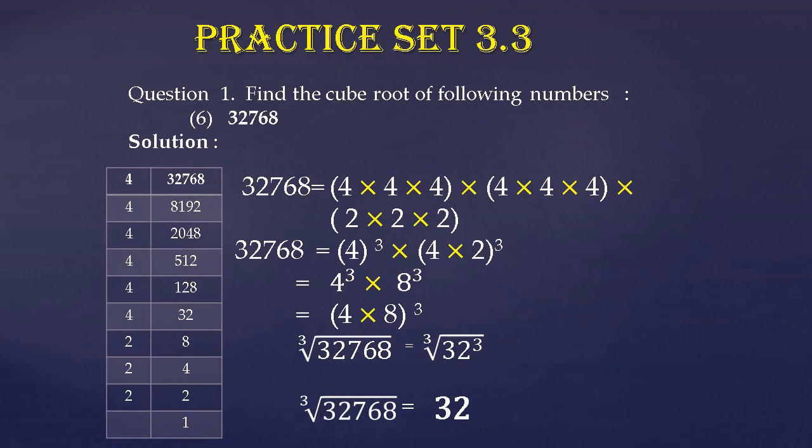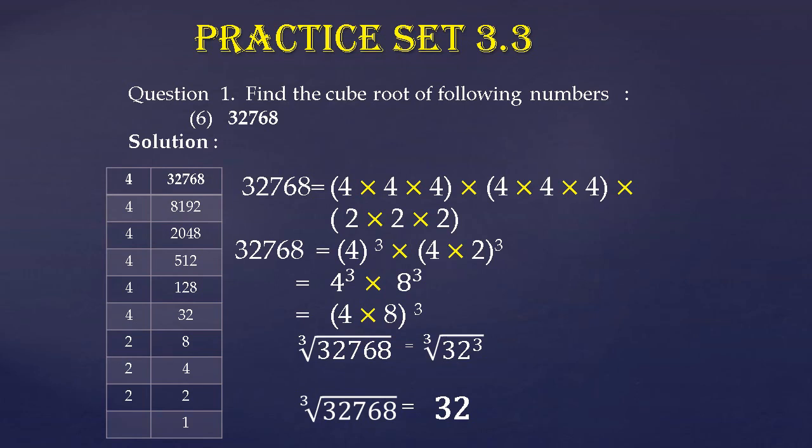So we will start with a bigger factor, and also we will use the vertical method of factorization, as you can see here on the screen. Using the test of divisibility of 4, we get 4 into 8192.